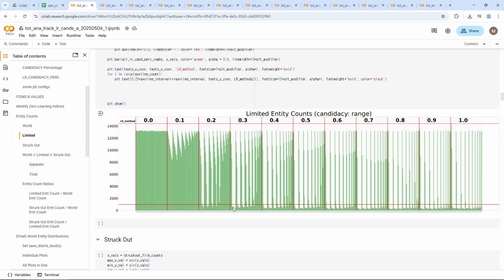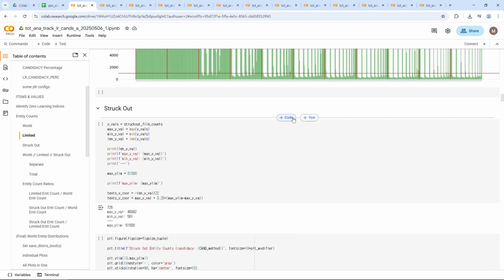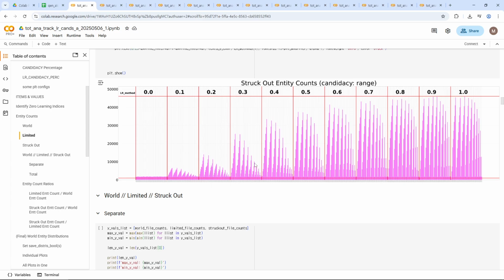when that happens, there are so few entities in the limited group, and on the flip side, there are more and more entities in the struck out group.